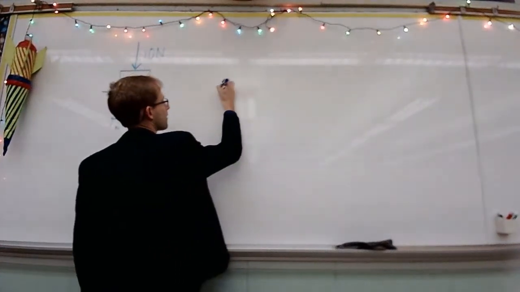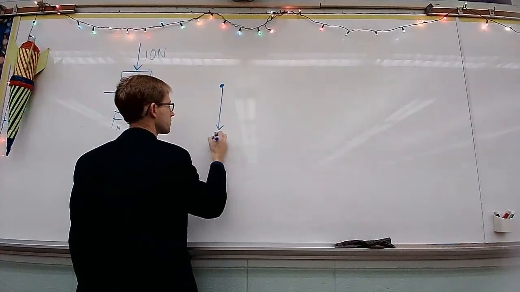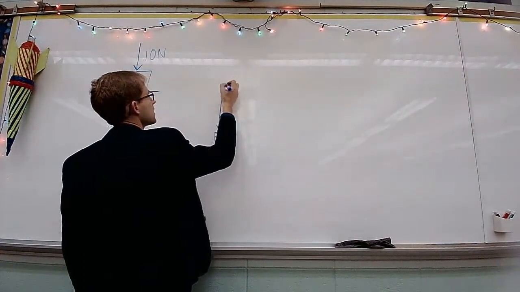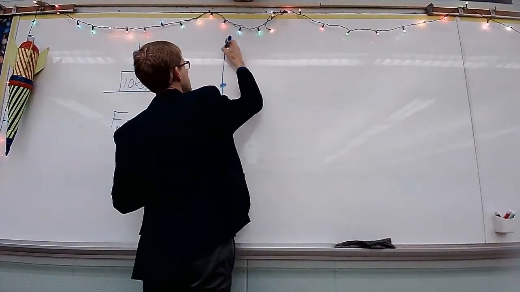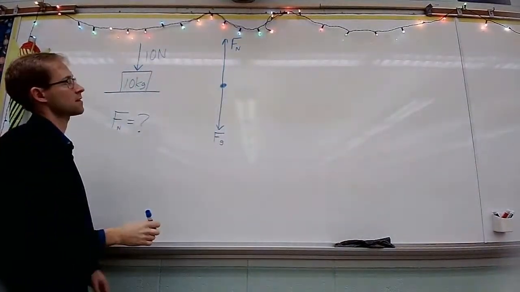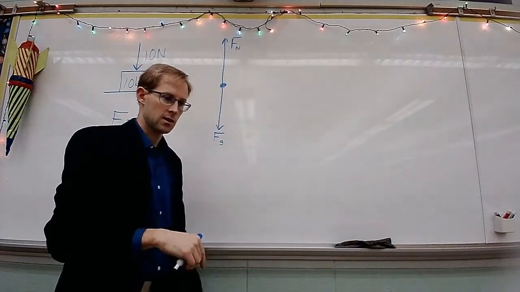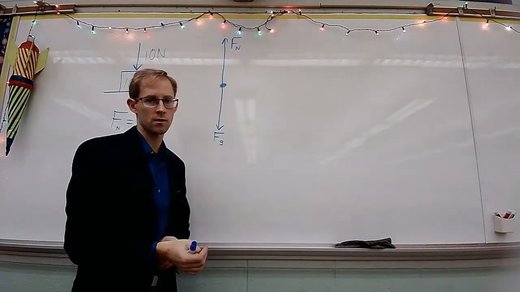And I've got gravity going down, as always. And I've got normal force going up. Now, normal force is going to be bigger than gravity in this case, because as you're pushing down on the table, the table has to exert more effort and force to keep the object from falling through.